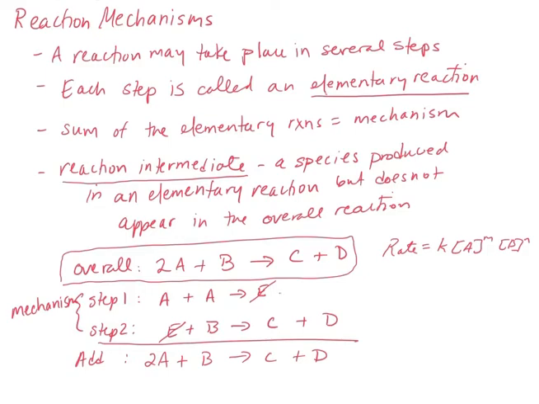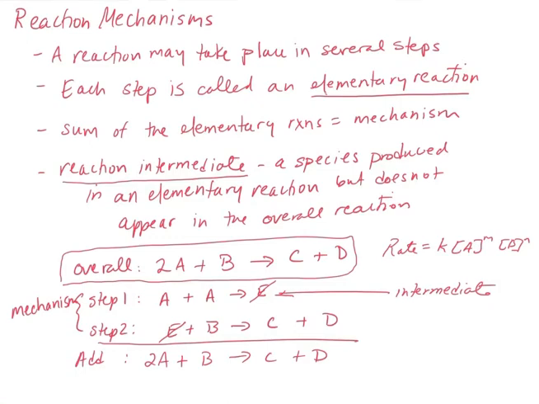Now this E is actually quite important. This E is what we call the intermediate in this particular case. The fact that E is produced in the first step but then reacts away in the second step means that it's a transient species that's not observed once the reaction is complete. It's fully reacted away, and we don't detect it.